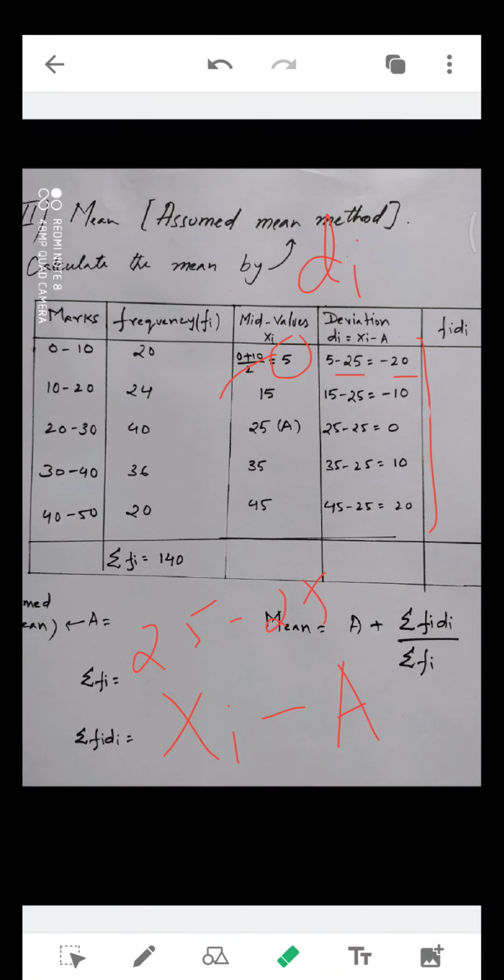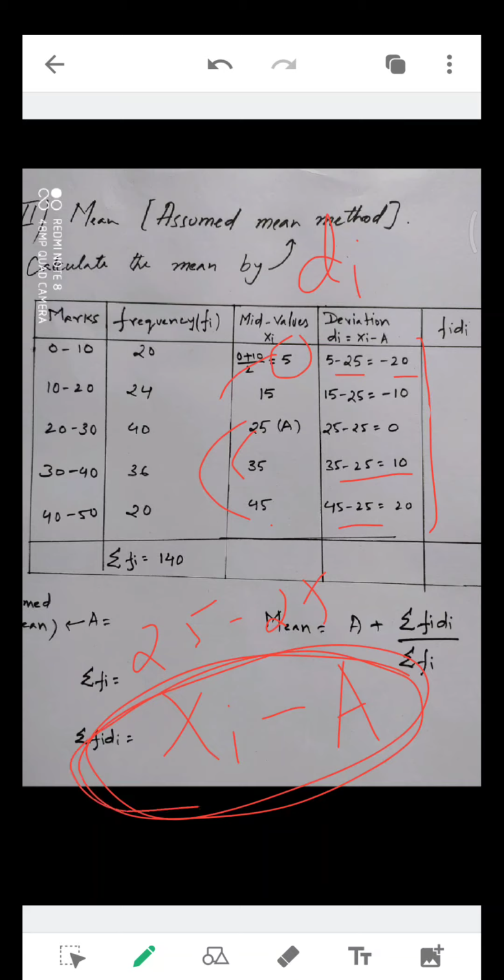Okay, then what will be in the fourth column? Fourth column will be 35 minus 25. Then last column is 45 minus 25. So this way you should do xi minus a in every row.